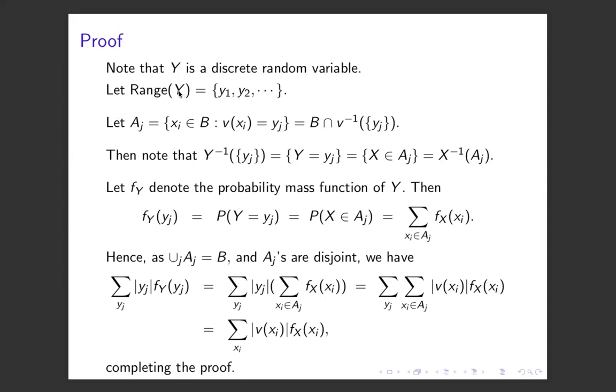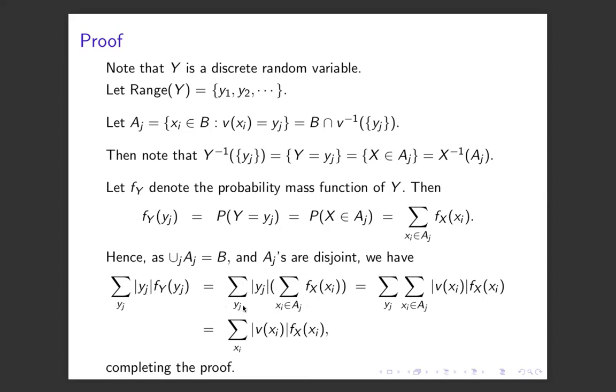So the range of capital Y is denoted by y1, y2, etc. The union over j of Aj is B, and also these Aj are disjoint, so for two different j, the Aj would be disjoint. Consequently, we have summation over yj of mod yj f sub Y at yj, which we now expand out using this expression here.